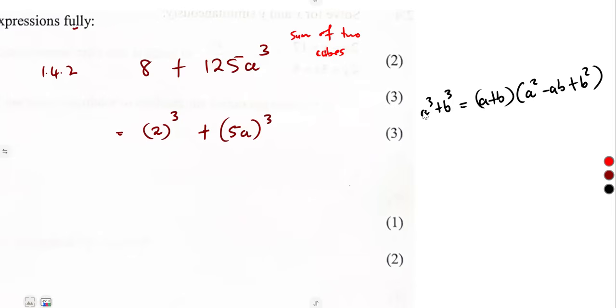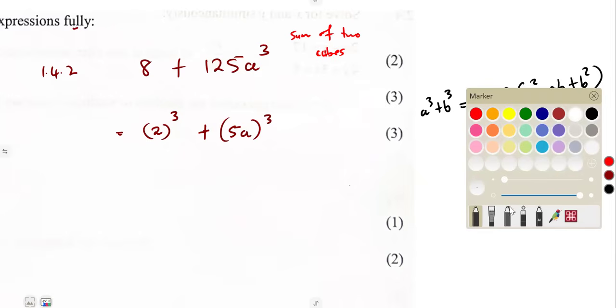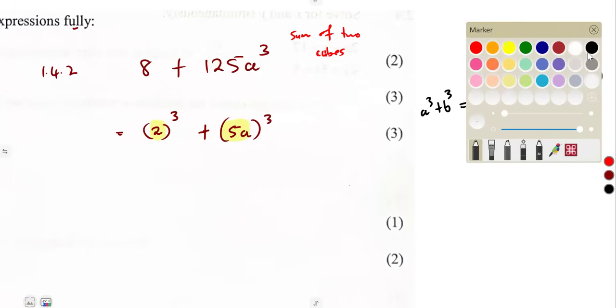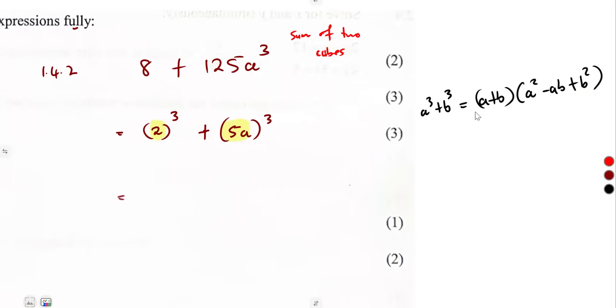The first term being a, the last term being b. So this is our a, this is our b. So this is going to give us a plus b, meaning we simply add these two. That's 2 plus 5a in a bracket.